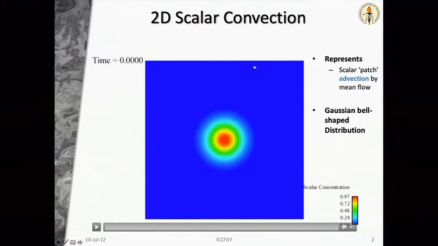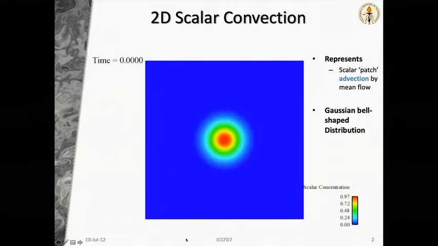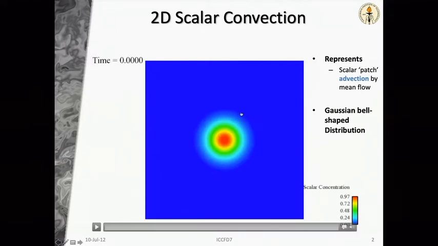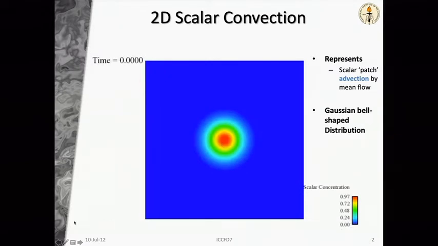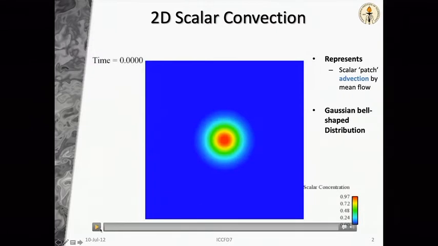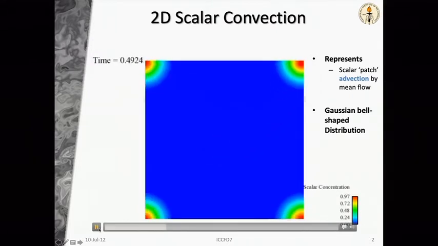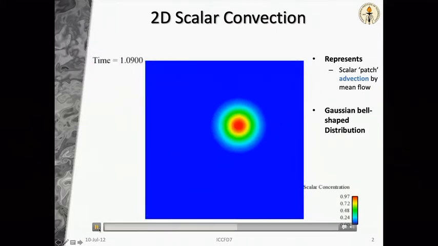This is a two-dimensional field. We might be looking from the top, and this is just a tank of water. And then we put a blob of ink in the center, right? And this represents the concentration. So it's most concentrated at the center, and slowly you get pure fluid. Make sense? And if we start advecting this with a constant velocity along the diagonal, this is what will happen.